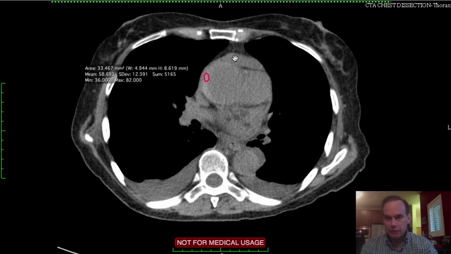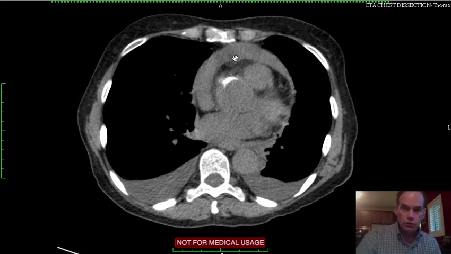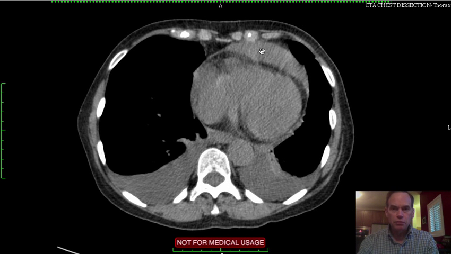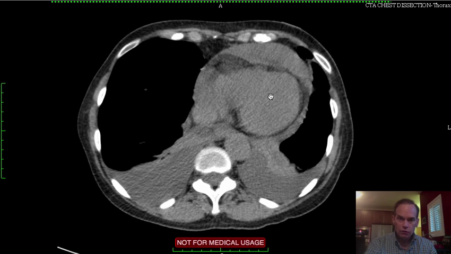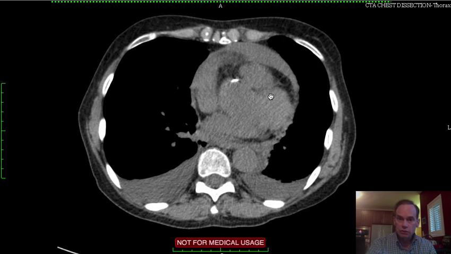And that's bad enough, but in this case, it's actually causing a compression of the heart. So cardiac tamponade is the phrase we use when pressure upon the heart is compromising its ability to contract normally, and this will certainly cause the contractile forces to be diminished compared with normal.